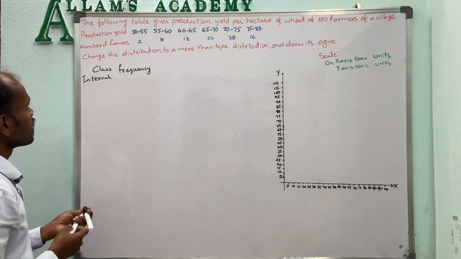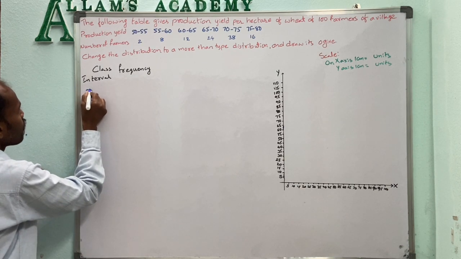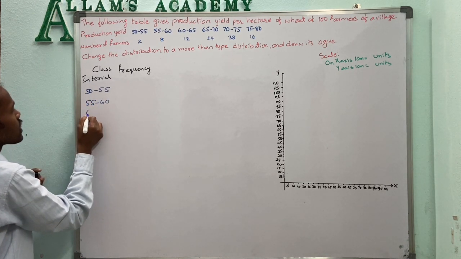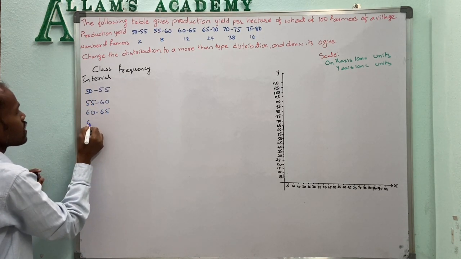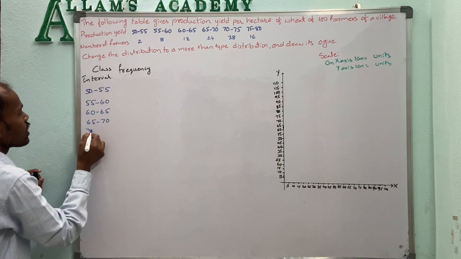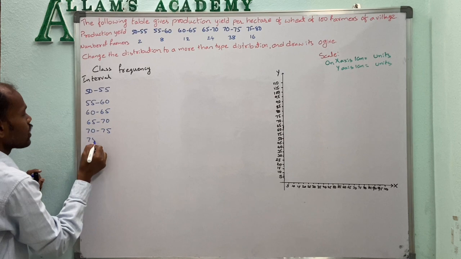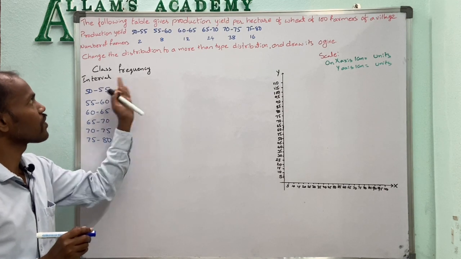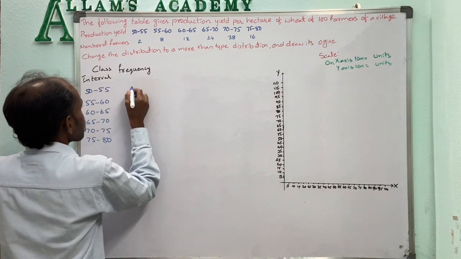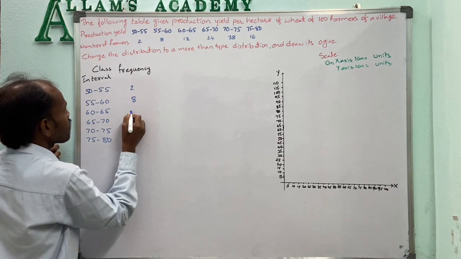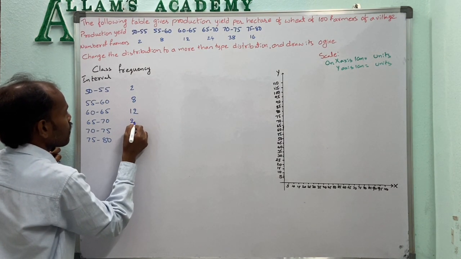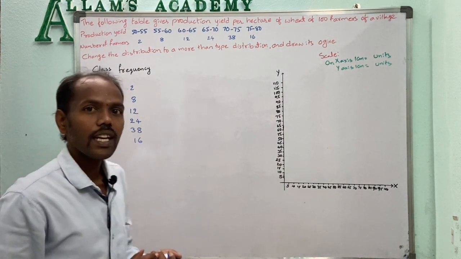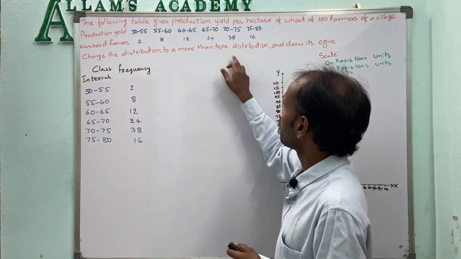The class intervals are 50 to 55, 55 to 60, 60 to 65, 65 to 70, 70 to 75, 75 to 80. For these class intervals, the corresponding frequencies are 2, 8, 12, 24, 38 and 16.